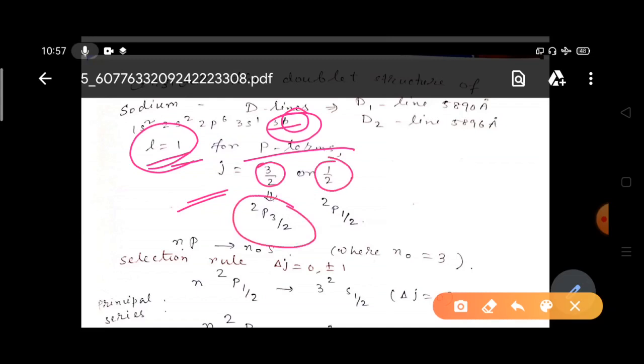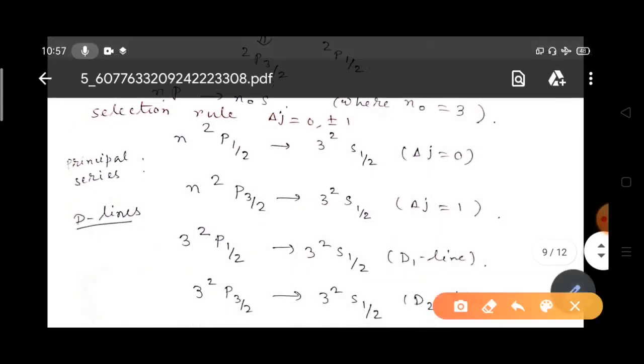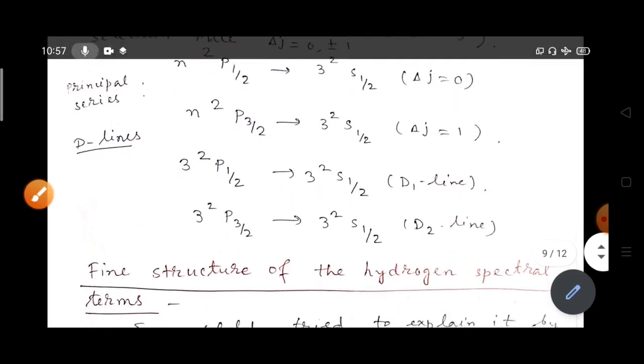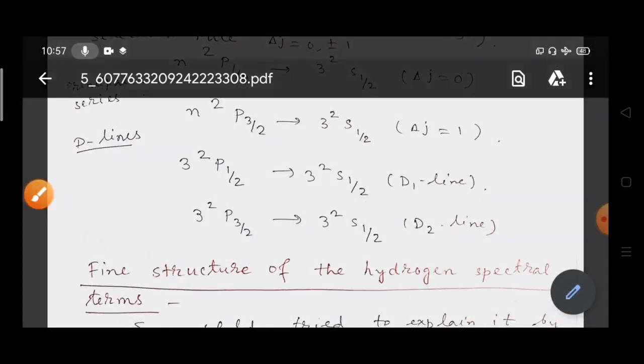Now 3 by 2 gives the term 2P3/2, and half gives the term 2P1/2. The selection rule for the transition is delta J equals 0 or plus minus 1. In the case of the D lines, we get the transition 2P1/2 to 2S1/2, and 2P3/2 to 2S1/2.